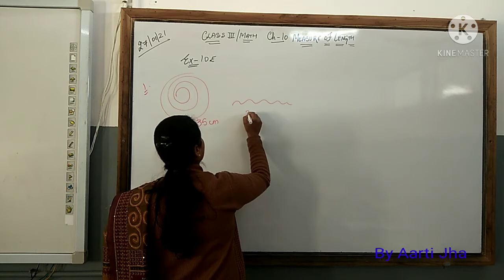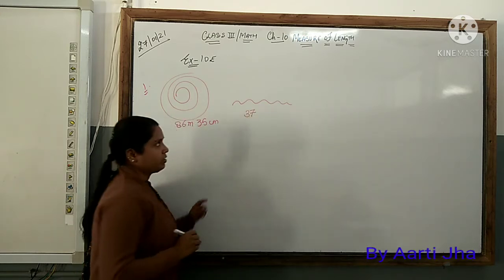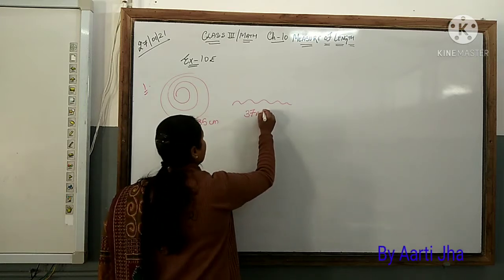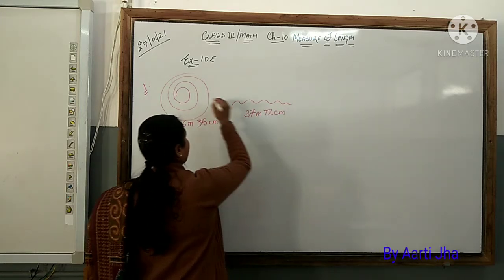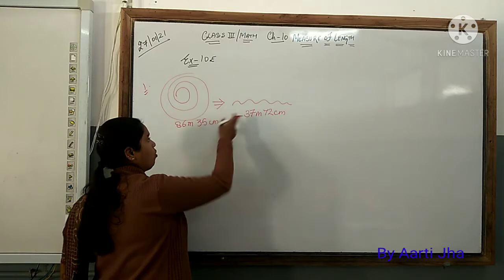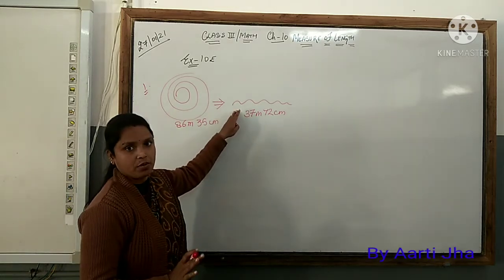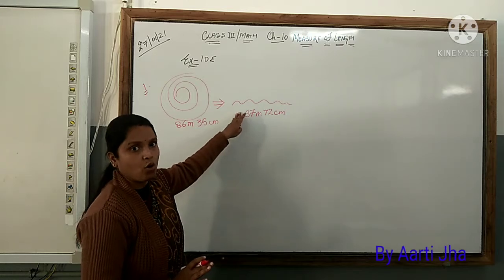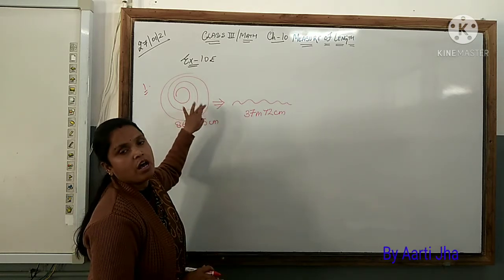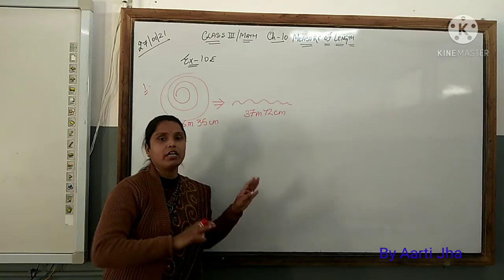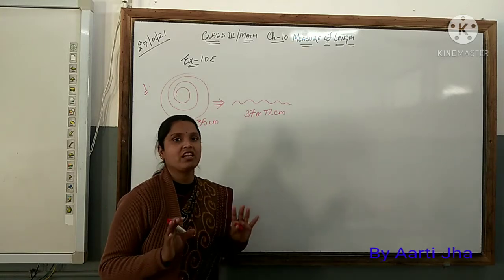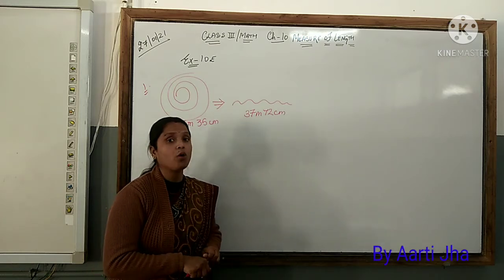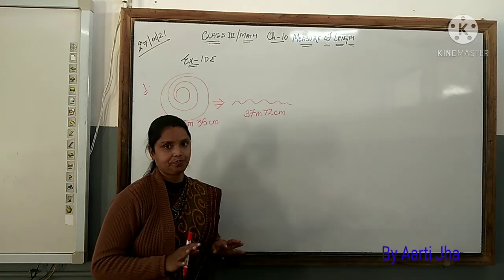After using this much rope from this roll, how much is left in it? How much is left behind is what you have to find. How much is left behind means how much is remaining now.